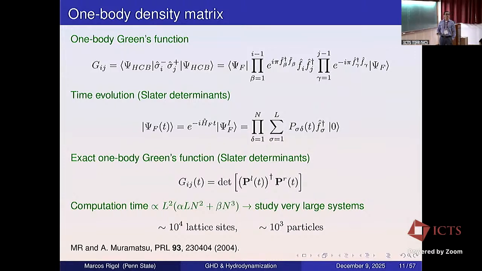It gives you a humongous advantage to get the asymptotic expansion and so on. This is what's behind all the results I'm going to be showing you for hardcore bosons. It's an exact calculation. There is no molecular dynamics simulation. It's just an exact calculation of the time evolution.